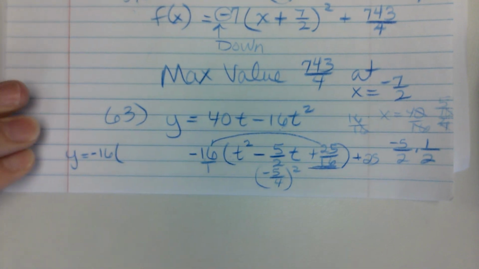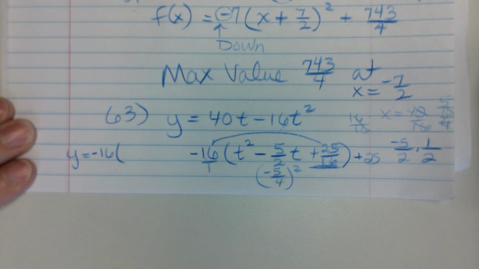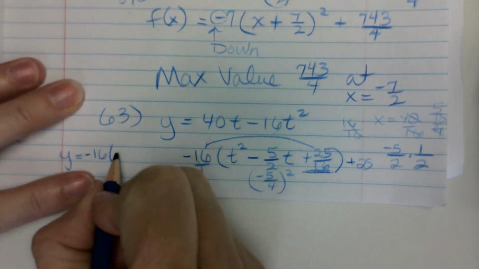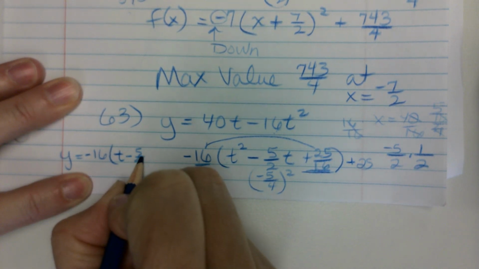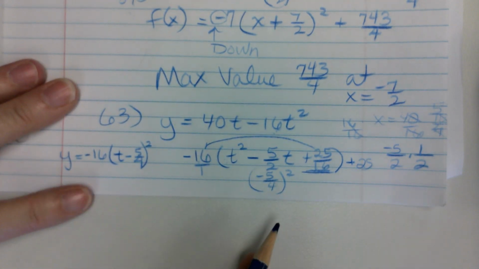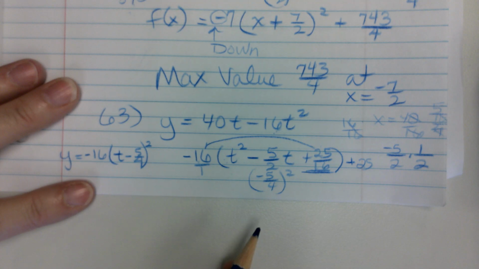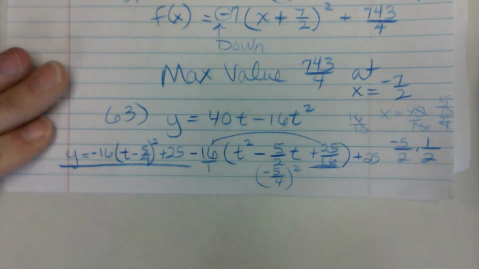Negative 16 times t minus 5/4 squared. What goes on the outside? Plus 25.